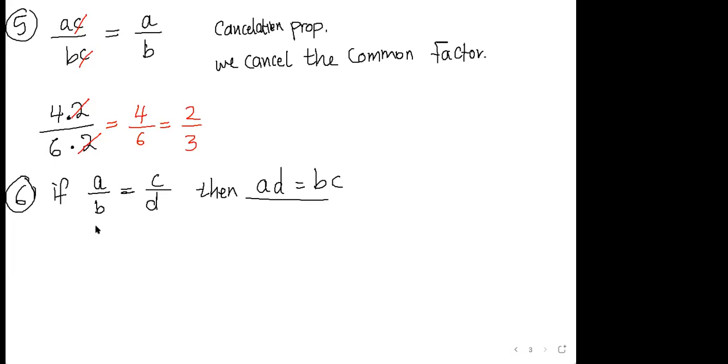Um, 4 over 6 equals 8 over 9. Okay, let me make sure, check. 4 times 9 is equal to 8 times 6.